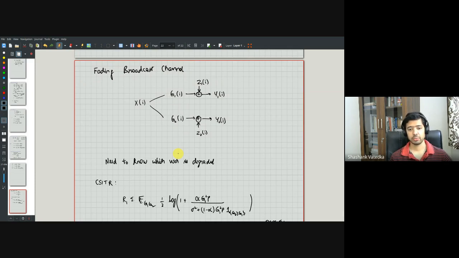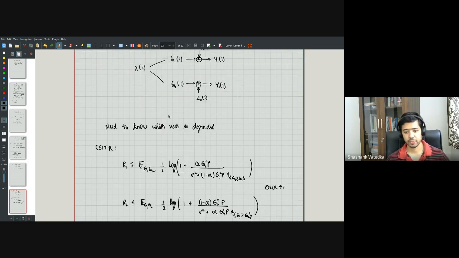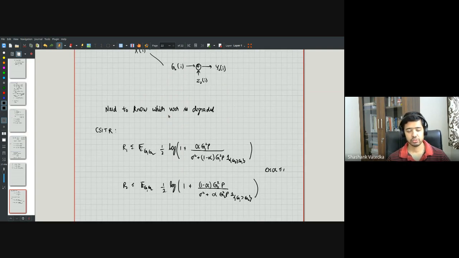But the problem with a general fading broadcast channel is that now you don't know whether user 1 is degraded or user 2 is degraded, because it is possible that with a certain probability g1 is going to be greater than g2, and with some other probability g1 is going to be less than g2. It's not going to be the case that one is always going to be better than the other. So assume that it's a slow fading channel.